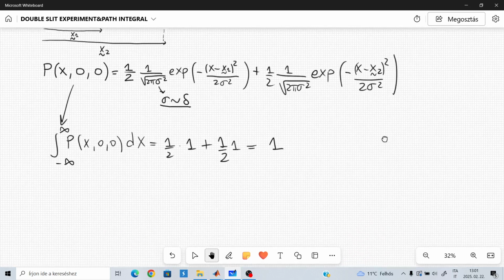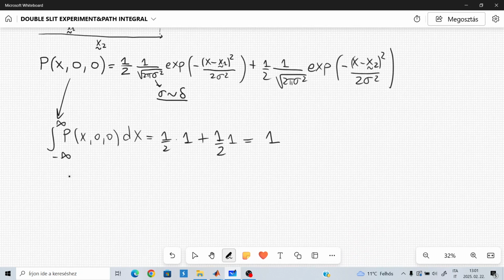Now, at this point, when we think of quantum mechanics or quantum physics in general, we want to reason by using probability amplitudes, not probability density. So this is a probability density, which is a real function. But in quantum mechanics, we have something like psi of x, 0, 0.